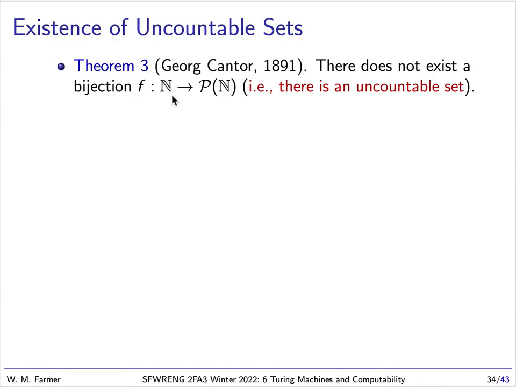So remember, a bijection is a function that's total, injective, and surjective. And it establishes a one-to-one correspondence between the natural numbers and the power set of the natural numbers. In other words, it shows that the cardinality, or the size, of these two sets is the same. So Cantor showed that there is no such bijection.